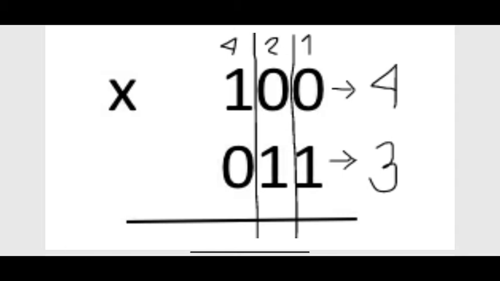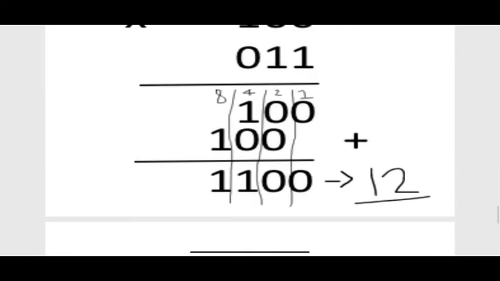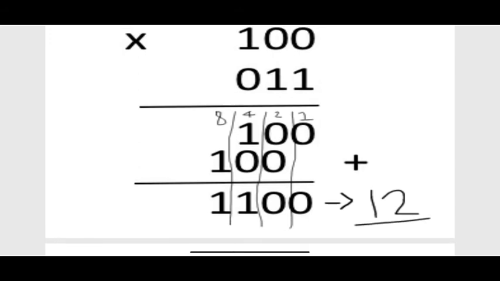So the value of 100 in decimal is 4, and the value of 011 in decimal is 3, that's 2 plus 1 equals 3. So 4 times 3 is 12. Our answer is 1100, and as you can see, 8 plus 4 equals 12. So our answer is correct.